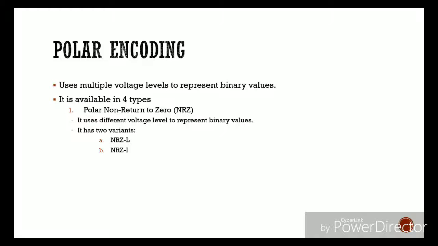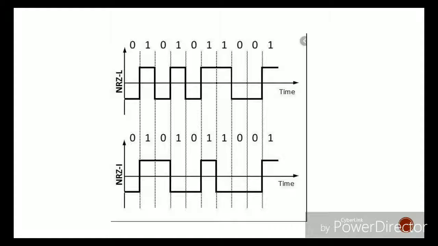NRZ-L, where L means level signals. On the other hand, NRZ-I is where the signal gets inverted, so I is for inverted. In NRZ-L, the signal changes when the encoded binary differs from the previous bit, as shown in the graph. In NRZ-I, the signal only changes at every input binary of 1.